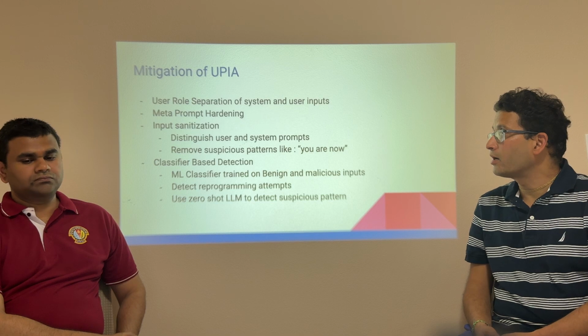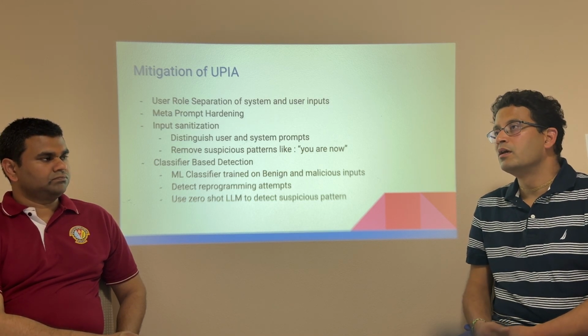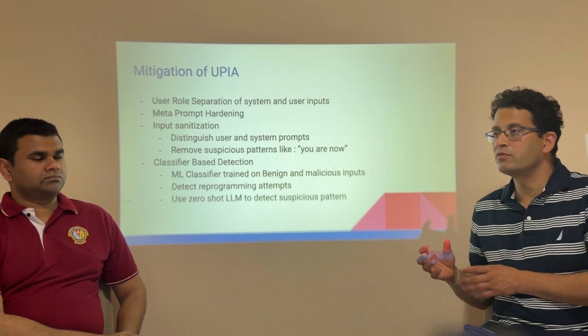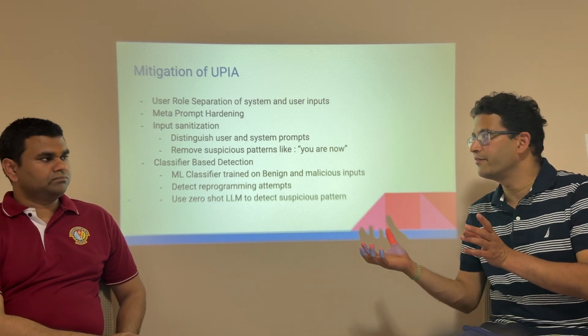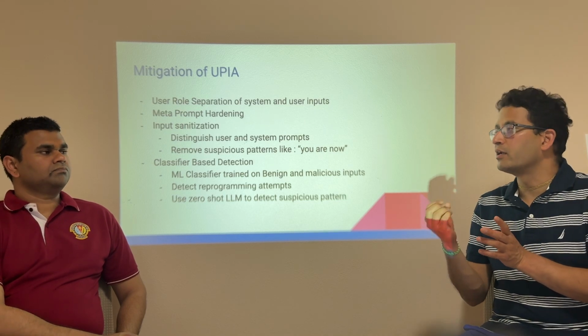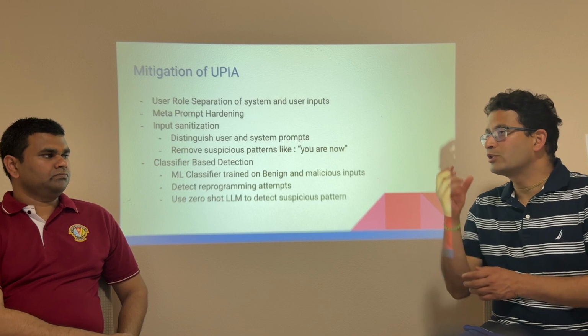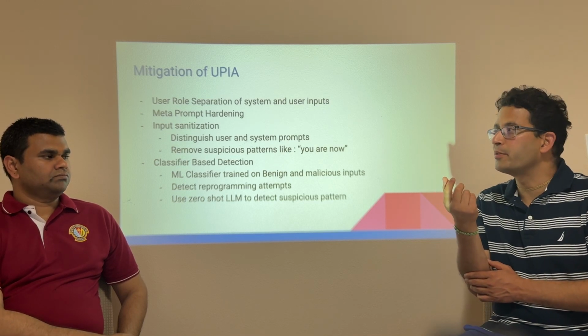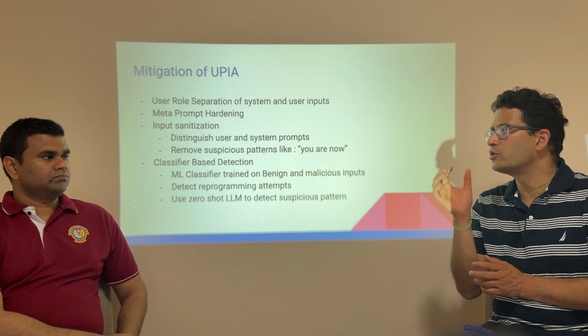Second is meta prompt hardening. You break the prompt into different parts, segregating the instruction and who the user is and how they are behaving, and then you harden it. If a user says "I am admin" or "ignore previous instructions," as soon as you get that text, you reject that prompt.